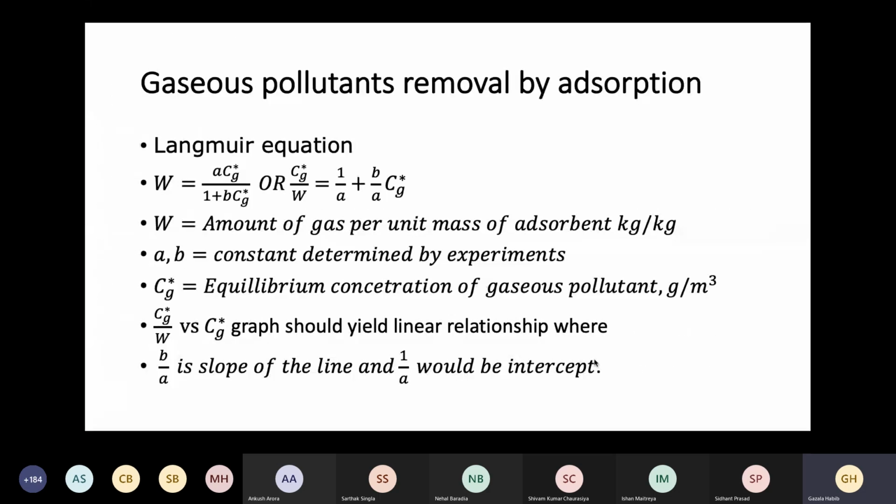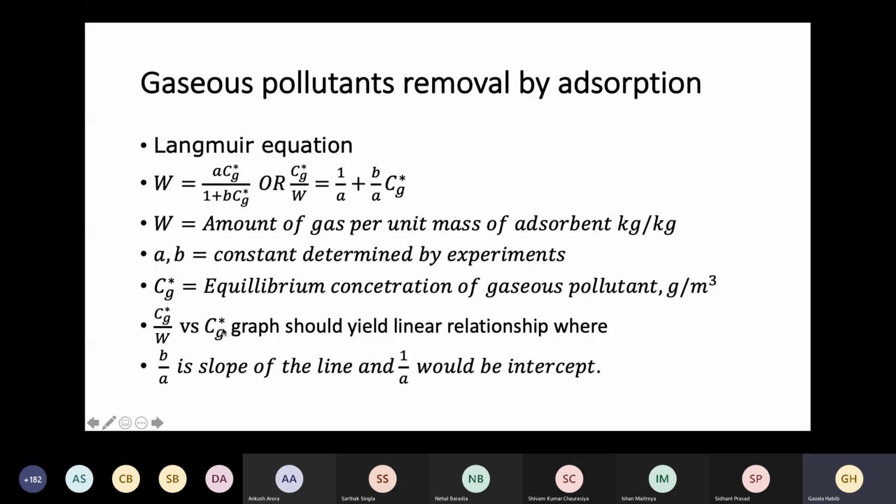So this is the Langmuir equation, where the amount of gas per unit mass of adsorbent, kg per kg, can be given by A into Cg upon 1 plus B into Cg, where A and B are the Langmuir constants. Cg is the equilibrium concentration of gas pollutant in gram per meter cube.